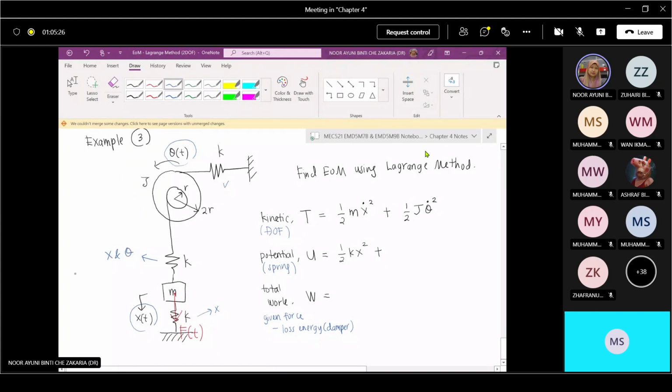So therefore you need an assumption here. Because this is related to action and reaction.